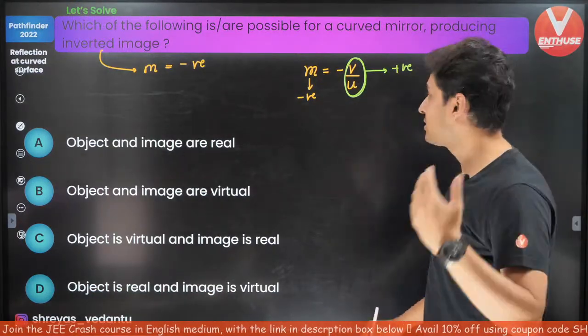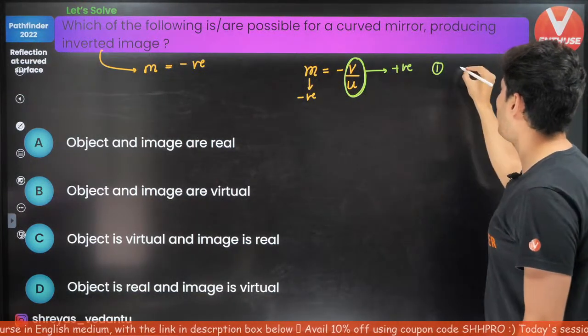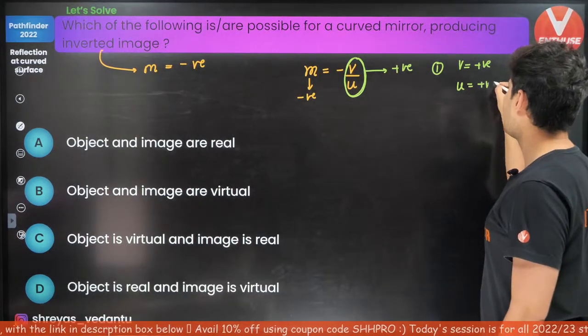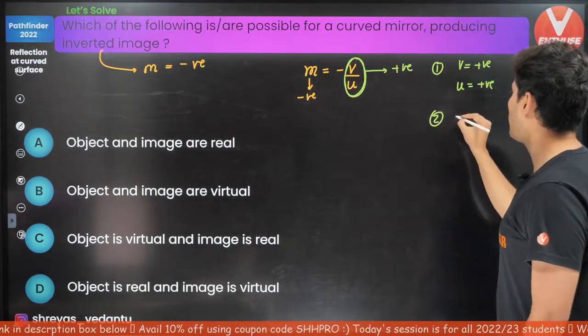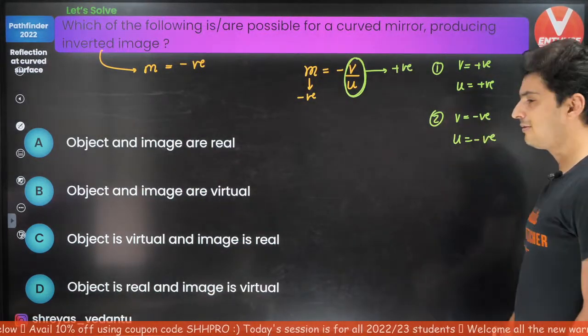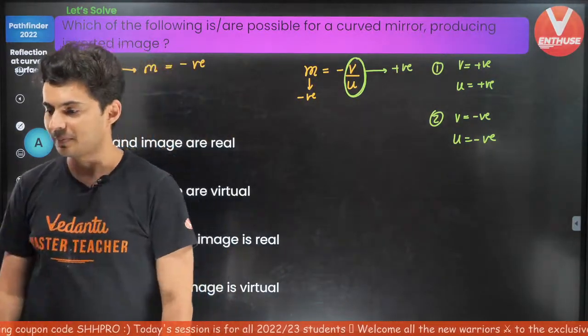If the ratio is positive, that can only happen in two scenarios. Scenario 1, V is positive and U is also positive. Second scenario, V is negative and U is also negative. Both are negative or both are positive. Agreed with this?